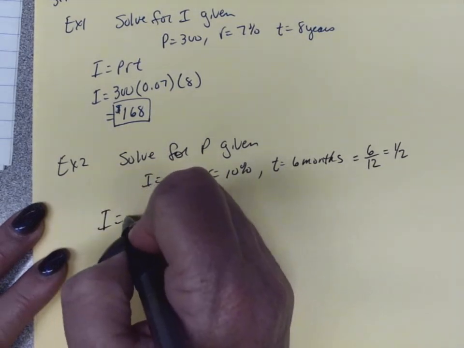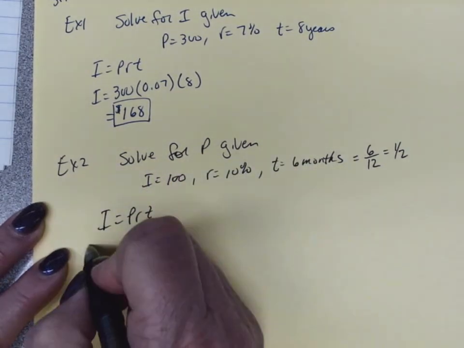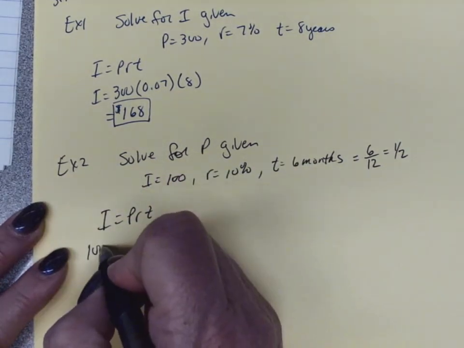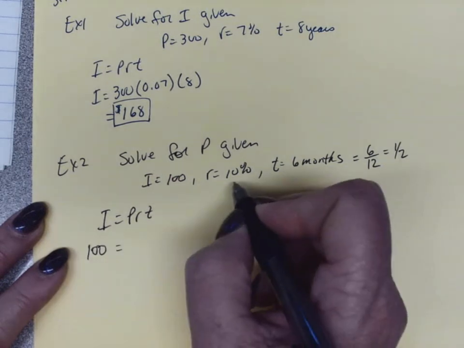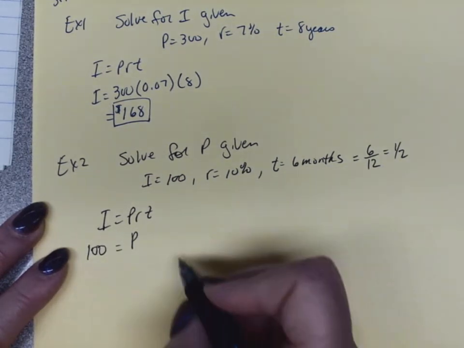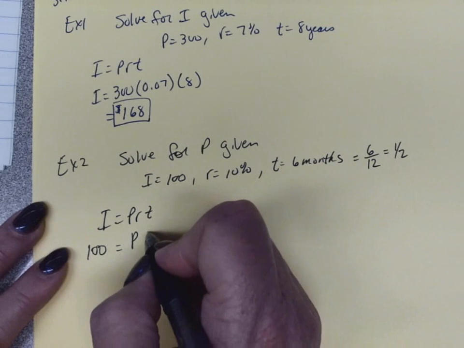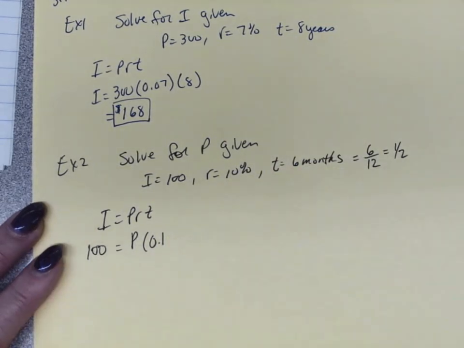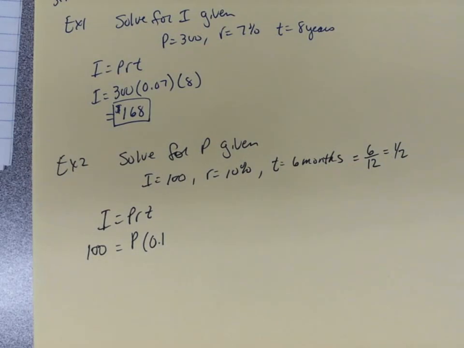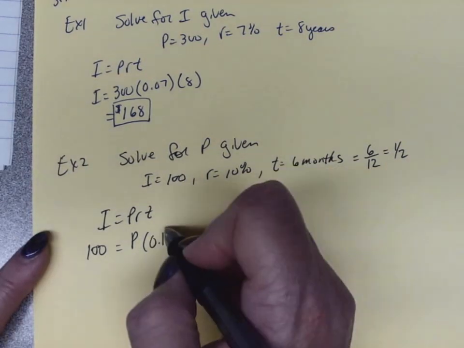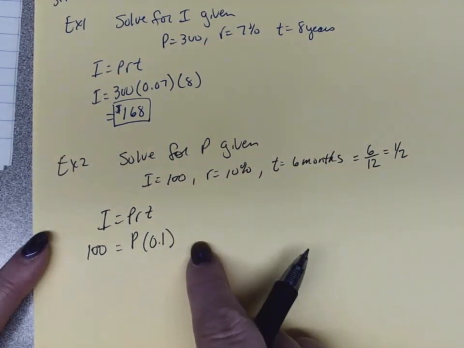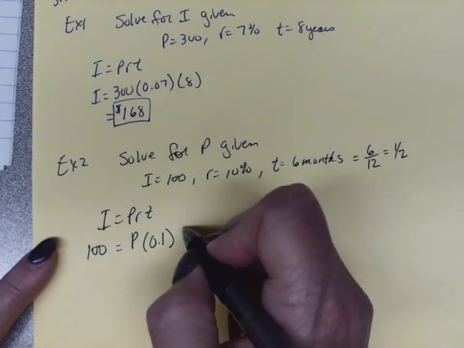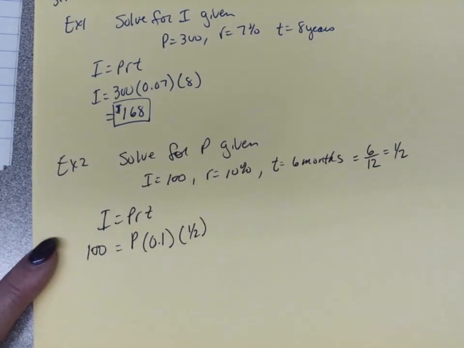All right, so using I equals PRT, our I equals 100, equal to P, what we're looking for. Our rate, again, has to be written as a decimal, so 0.1. You can put 0.1 or 0.10, but you don't have to put the zeros if they're just zeros after the number, times 1/2.